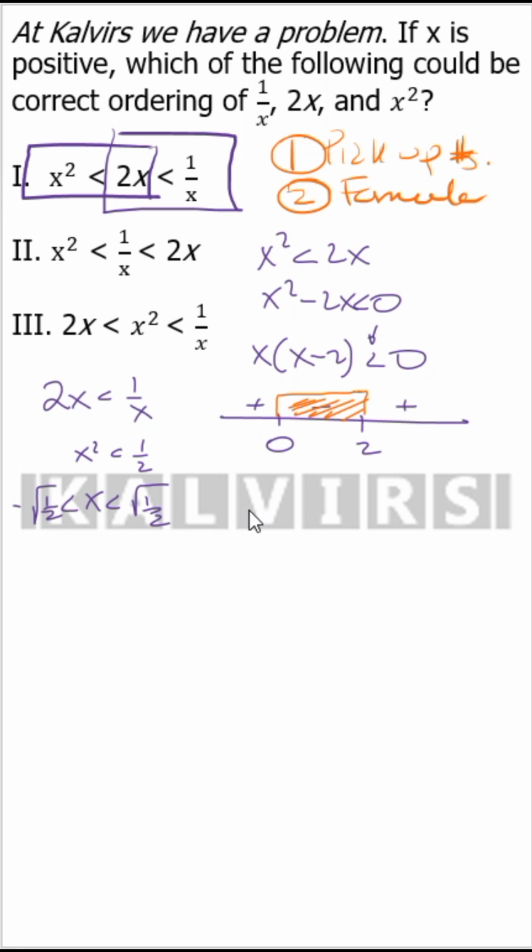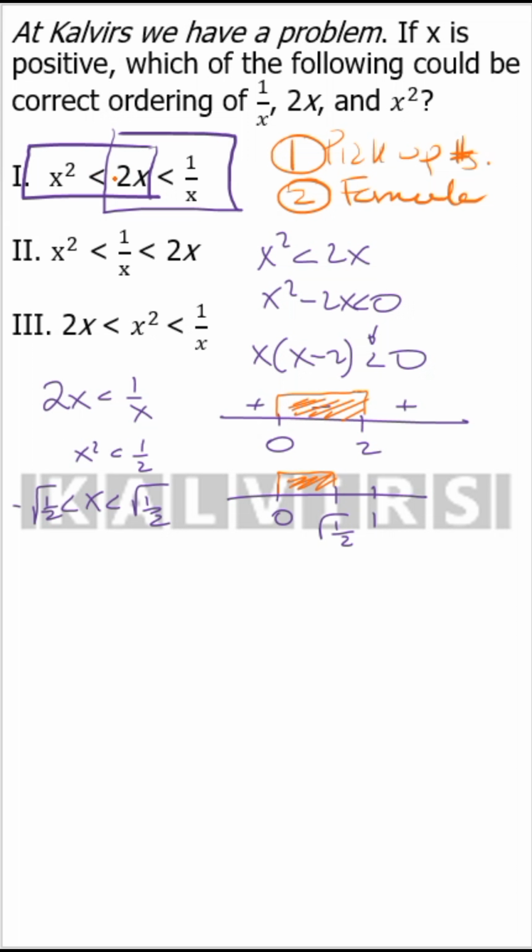so we will draw this. Here is 0, here is 1, and somewhere between 0 and 1 is the square root of 1/2. We don't need to be so exact with this. Then this is the solution.